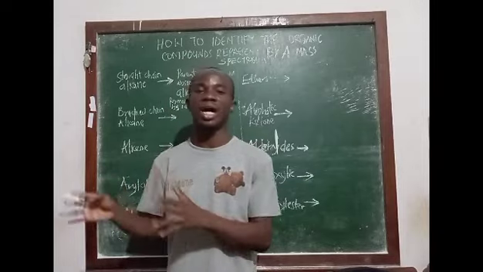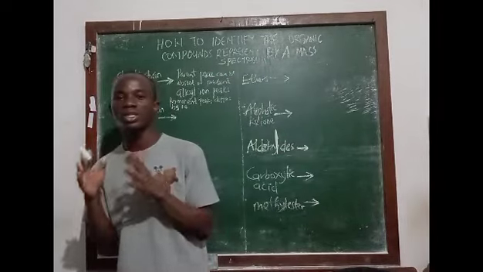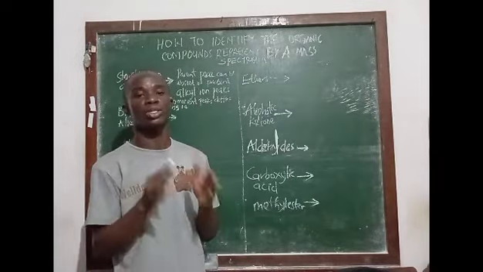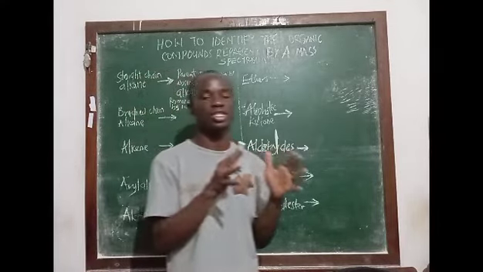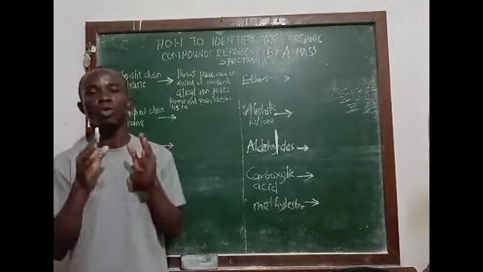So in a straight chain alkane, you expect to see a full signal for all the alkyl ions, but in a branching alkane, because of the branching within the system of that alkane, some of the alkyl ion peaks will be missing.